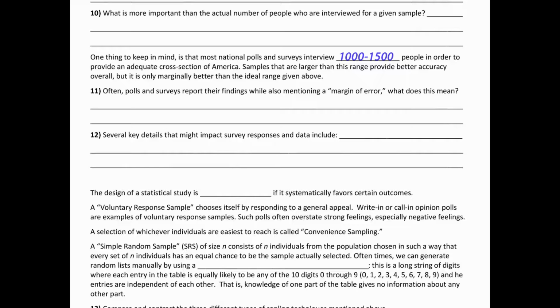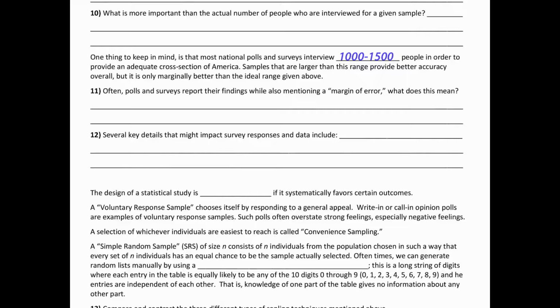So it's a good picture of America. Samples that are larger than that, actually, they get you better data. It's closer to the truth, but it's only just a little bit better. So they do the least amount of work for the best picture possible, and that'll be anywhere between 1,000 and 1,500 people.